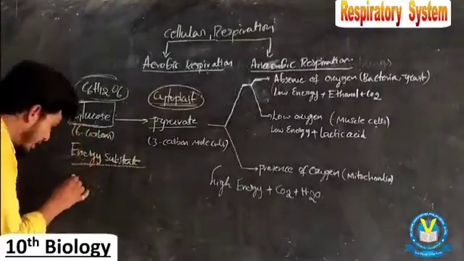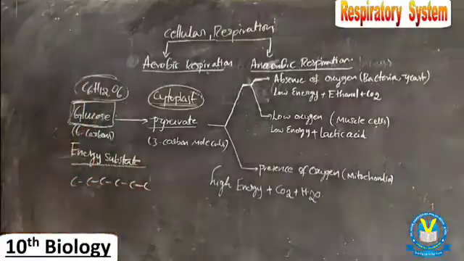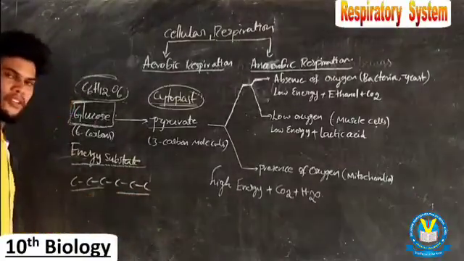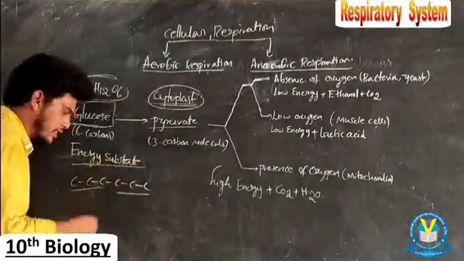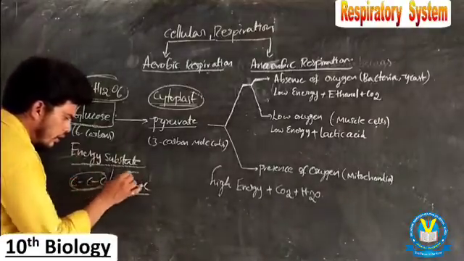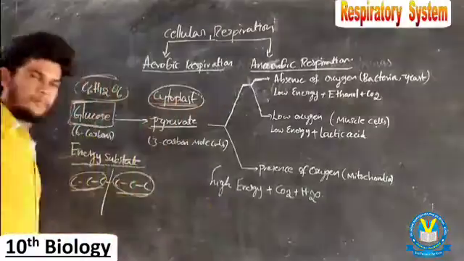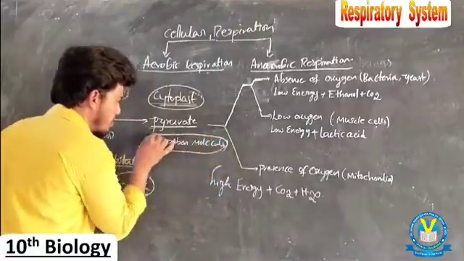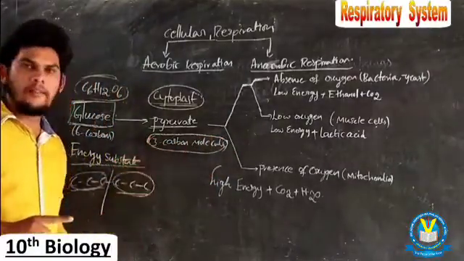There are 6 carbons in a glucose molecule. These 6 carbons are broken down into 3 carbons to form pyruvate. So a single pyruvate consists of 3 carbon molecules.